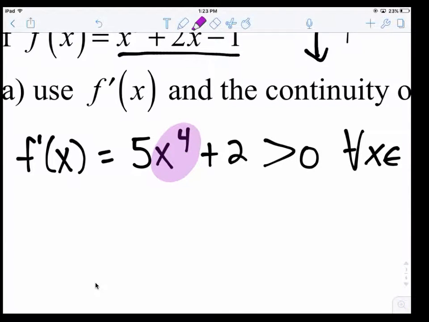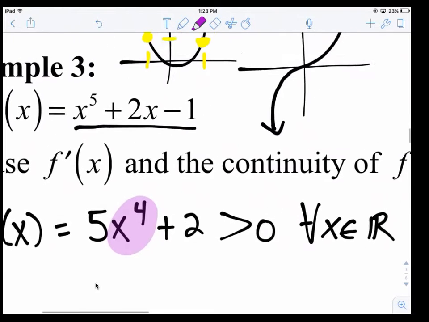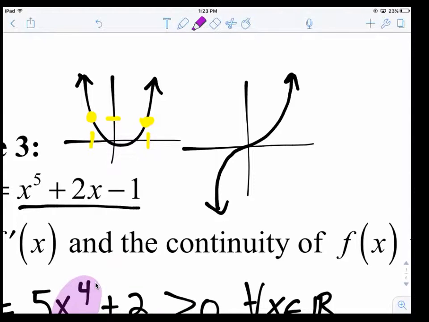It's x to the 4th, right? So even if I plug in negatives, I'm going to get a positive number. Again, we're trying to show that this graph just goes up like this. It just increases.